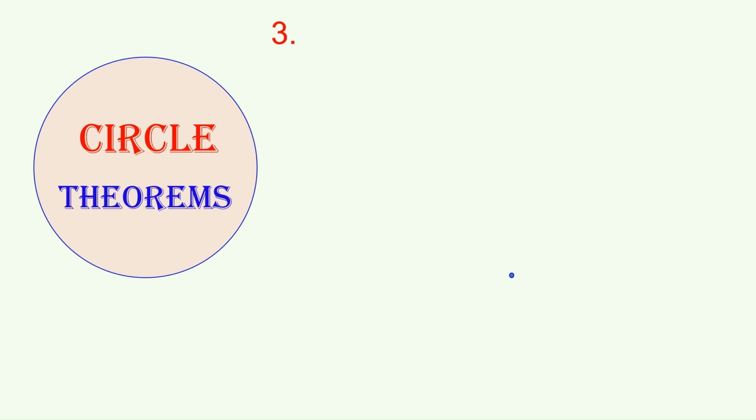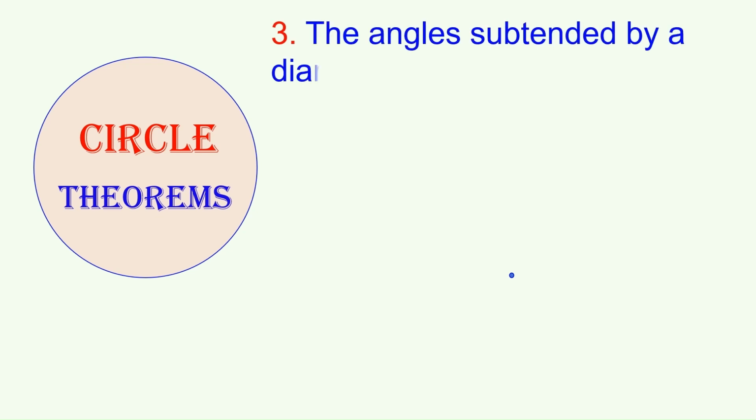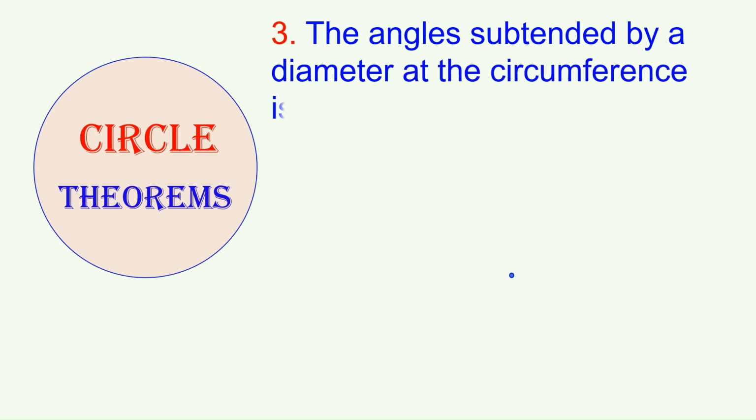The circle theorems. Number 3. The angle subtended by a diameter at the circumference is equal to a right angle.